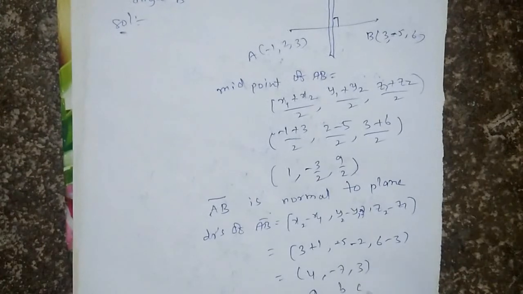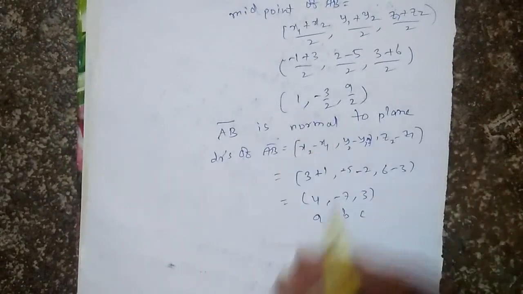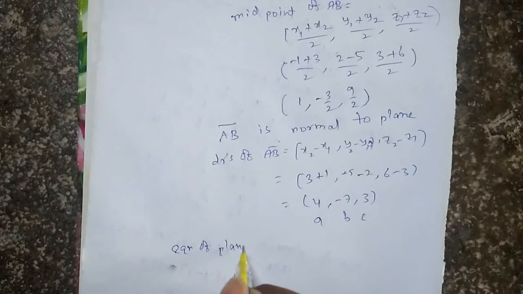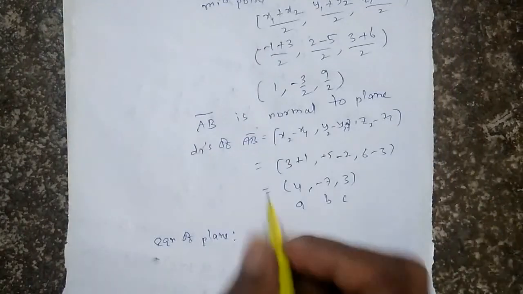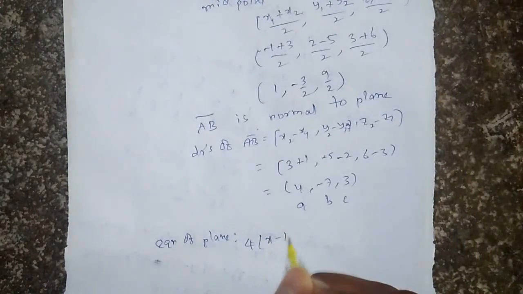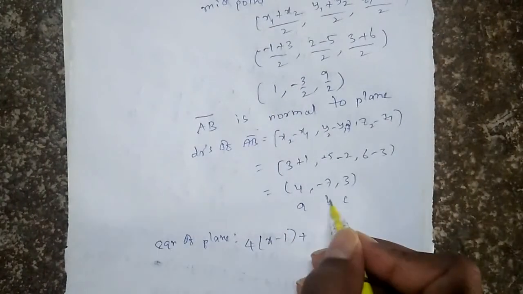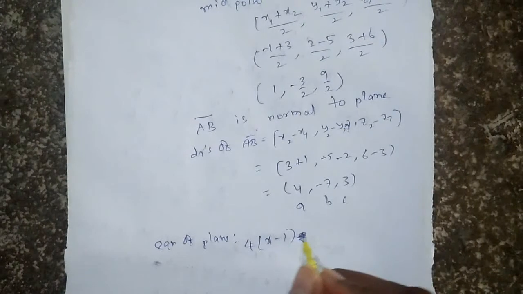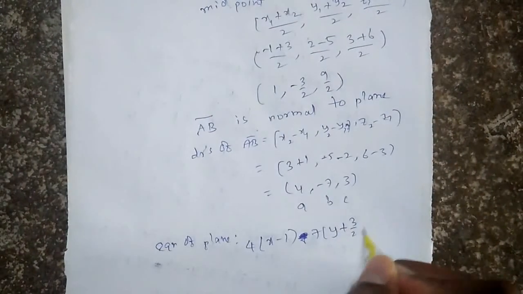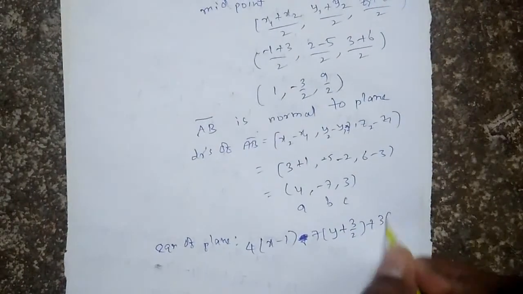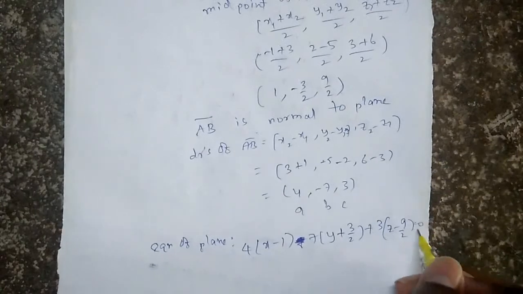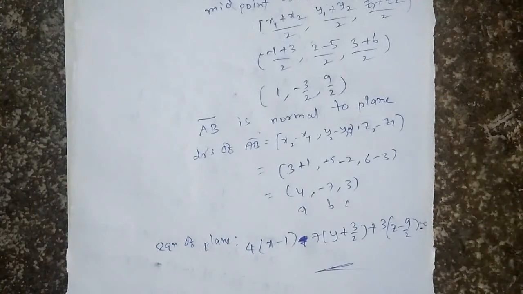These are drs of normal. This is the point. So equation of plane is, use the point drs formula, a into x minus x1, b into, b is -7, y minus of -3 by 2, plus c into z minus 9 by 2 is equal to 0. That is the required plane.